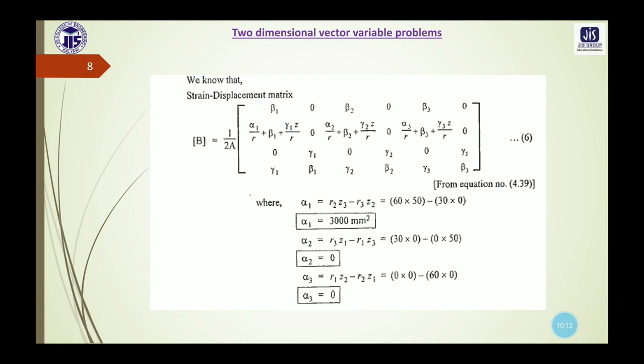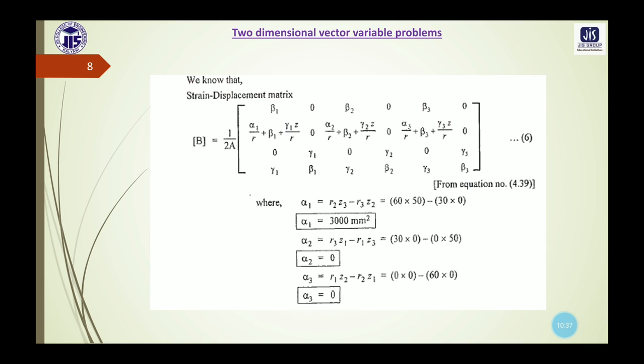The formula for alpha 1 is R2Z3 minus R3Z2, and the values of the R and Z coordinates corresponding to node 2 and node 3 we get from the given diagram. After putting the values of R2, R3, Z2, Z3, we have calculated the value of alpha 1 as 3000 millimeter square.